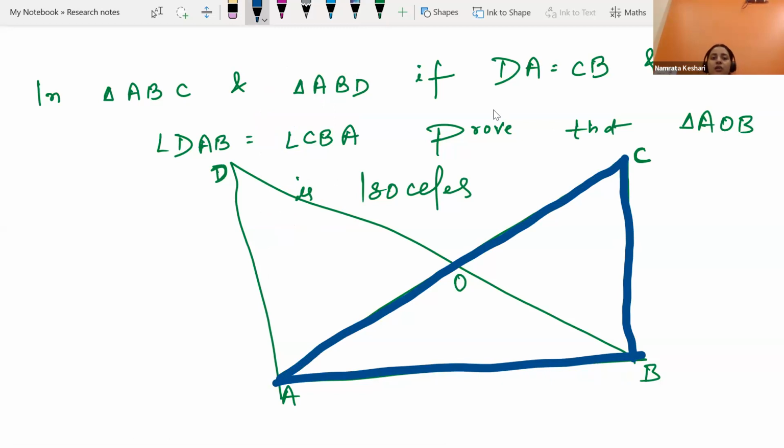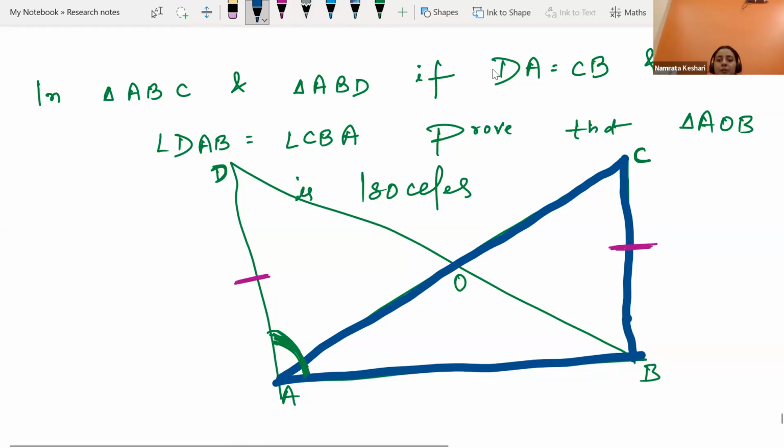Okay. Here it is given that in these two triangles DA is equal to CB. So we can see one of the sides over here is equal to one of the sides over there. Okay, angle DAB, the complete angle, see in the green color triangle, this complete green angle is equal to CBA.